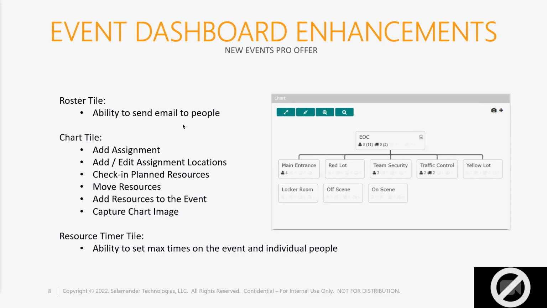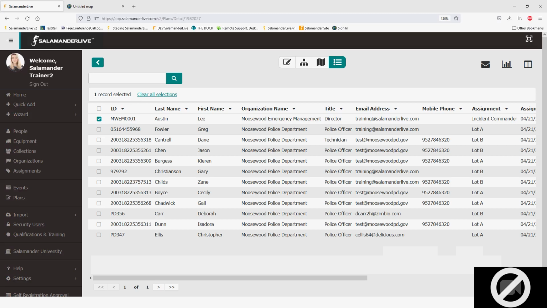Even if you're on a basic SalamanderLive package, you still will be able to see a roster tile. You'll still be able to see the chart tile, except that you're not going to be able to do those additional functionalities. Okay. So let me pull up SalamanderLive here so you can see how this all works.